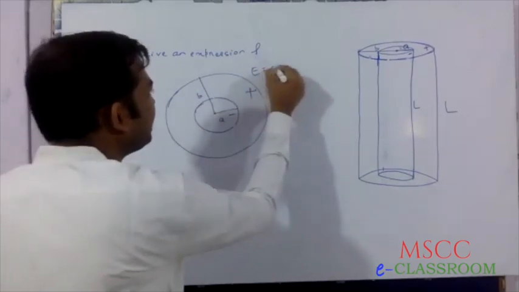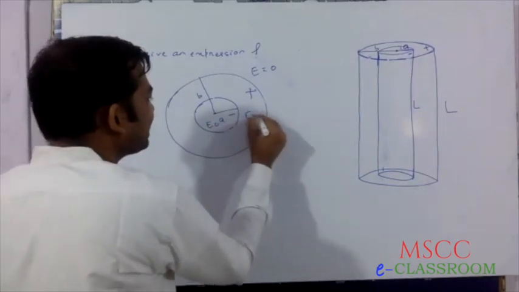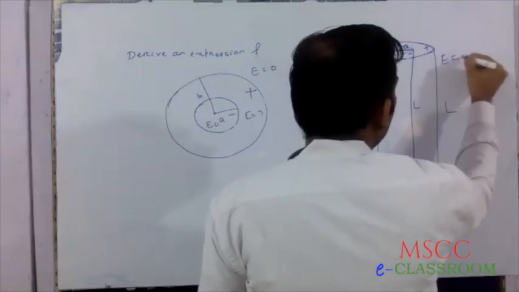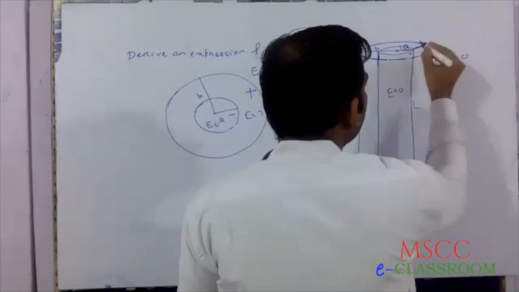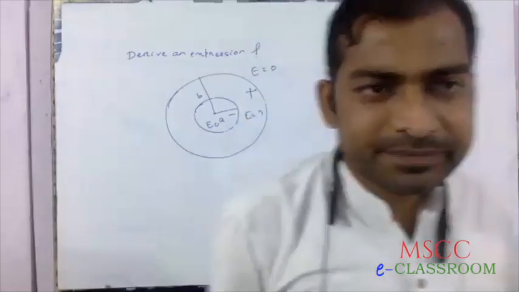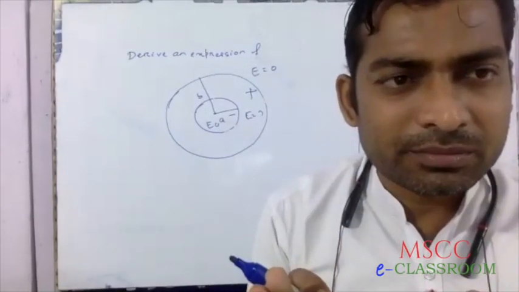Here the electric field is 0, here electric field exists, and similarly here the electric field is 0. Yes or no?